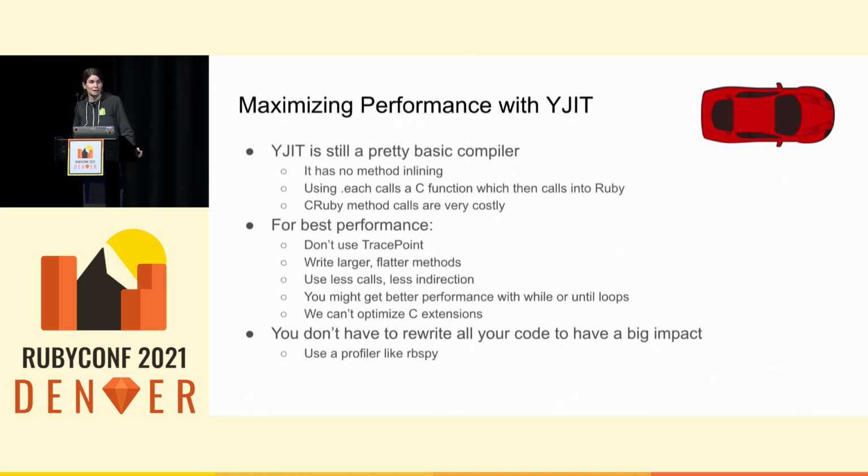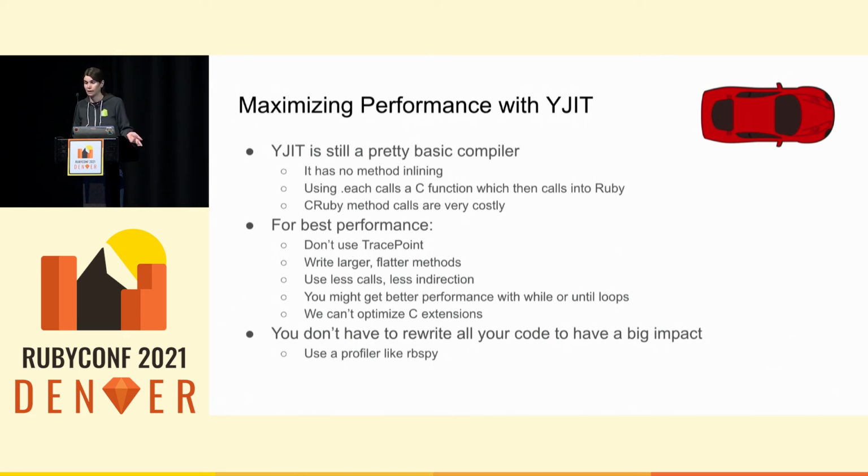So I realize that this performance advice is not necessarily practical, because what I'm basically asking you to do, if you want the best performance possible, is to pre-chew your code because the compiler is too basic. But I think you don't necessarily have to rewrite all of your code to have a big impact.